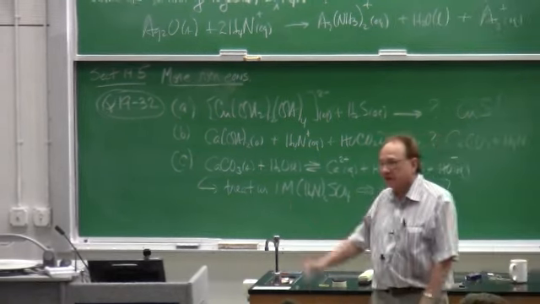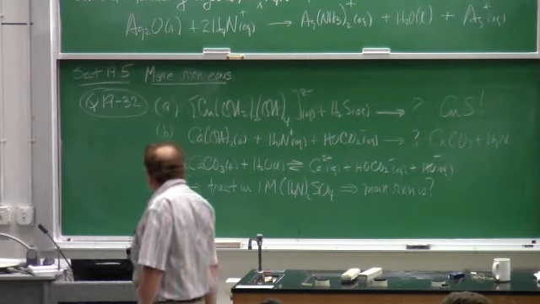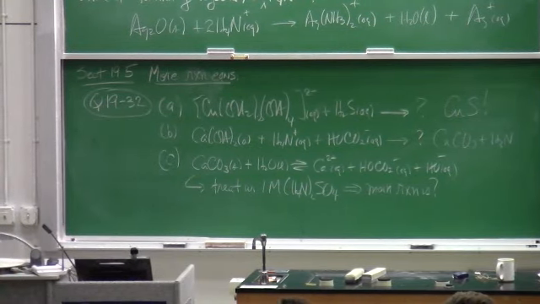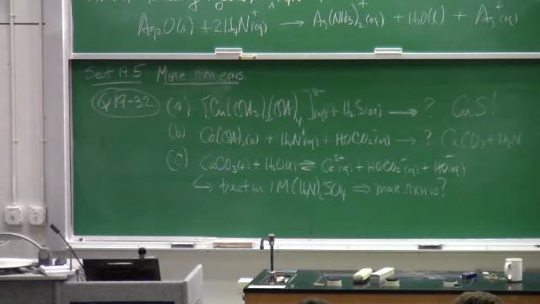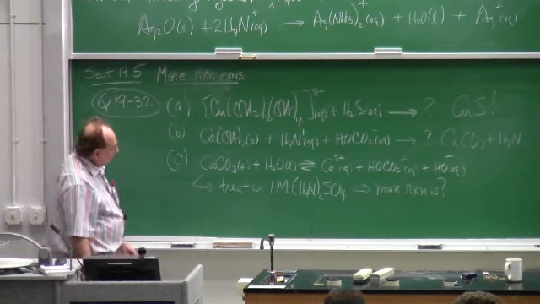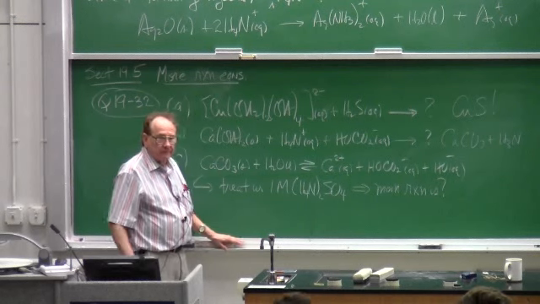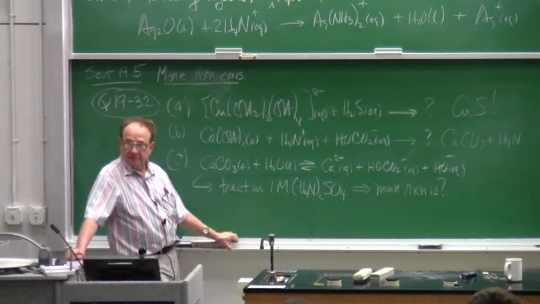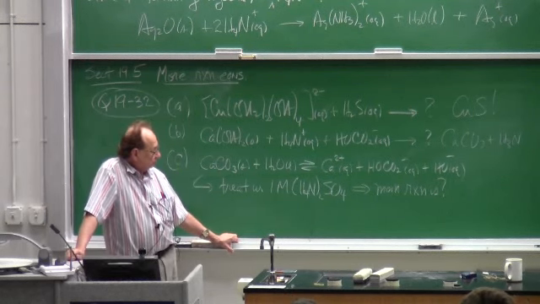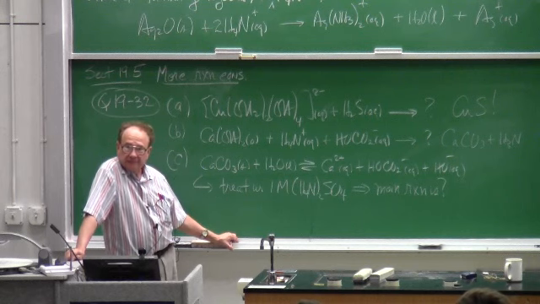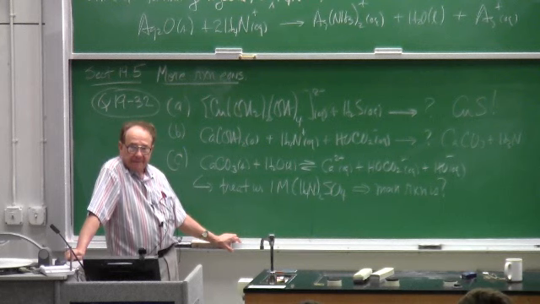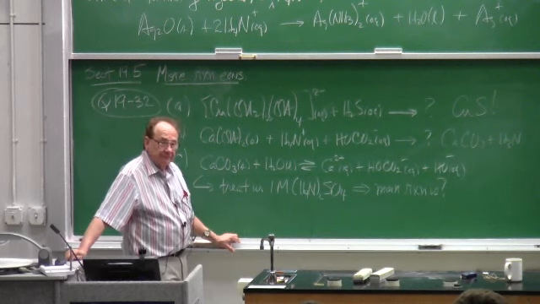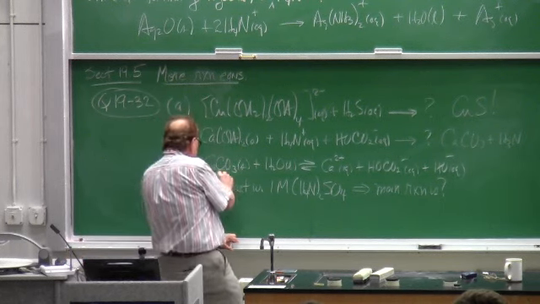I'm going to take this saturated calcium carbonate solution and imagine treating it with 1 molar ammonium sulfate solution. If I do this, what will be the main reaction? The main reaction. Question. You see this system?